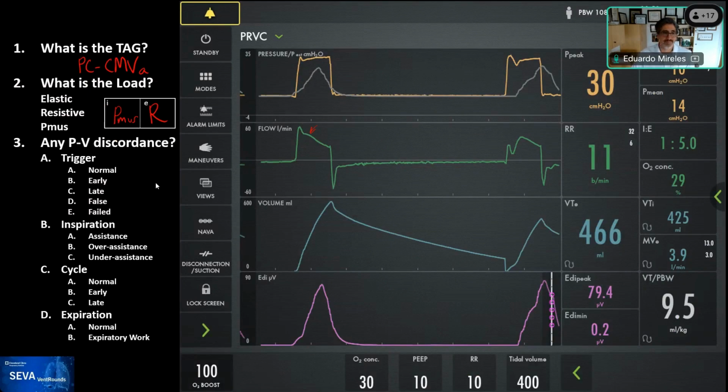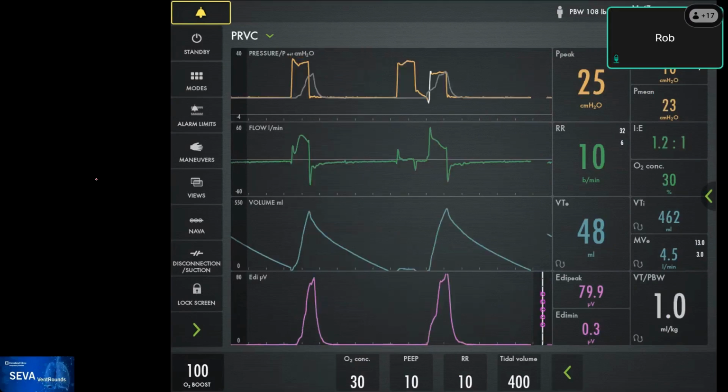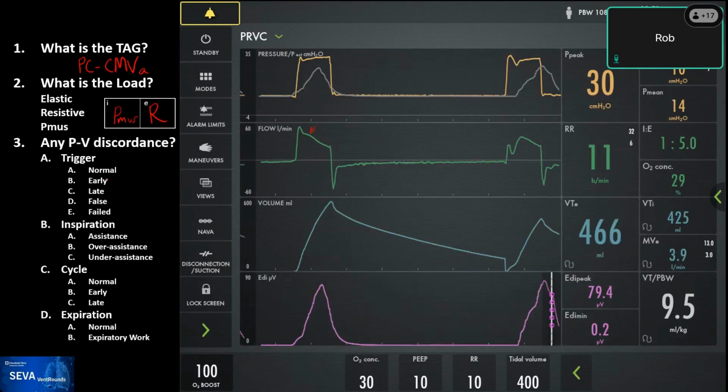So, Rob, comment? Yeah, it'd be interesting to know if this was set as a flow trigger or a pressure trigger. But either way, you see the patient does make an effort, but it probably doesn't reach the trigger threshold, whatever it is, because it's pretty small, right? Yeah. It's really an unusual graph.